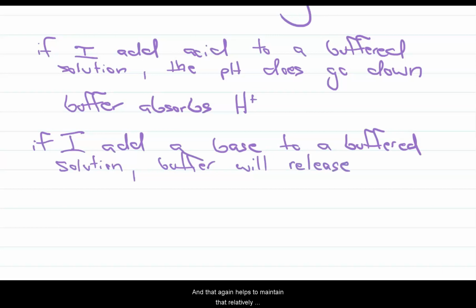And that again helps to maintain that relatively constant concentration of hydrogen ions in that particular solution.